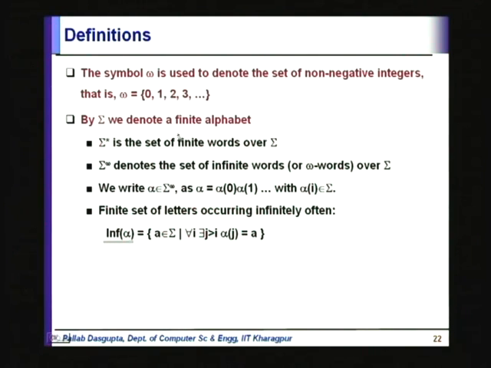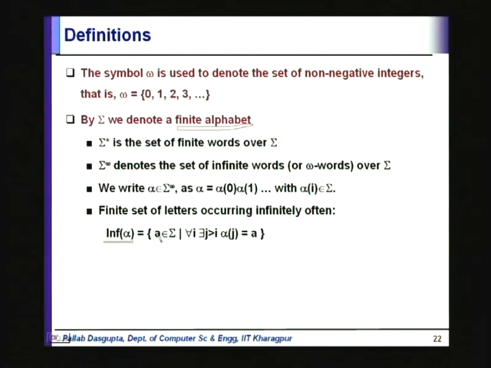Remember that the alphabet is finite, so the number of symbols that we have is finite. Each word is infinite. And INF alpha is the set of letters which occur infinitely often in alpha, where alpha is a word.